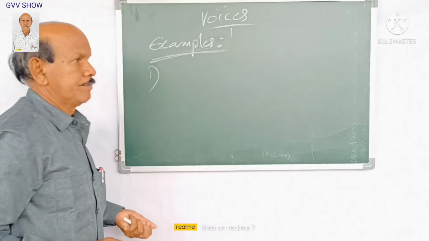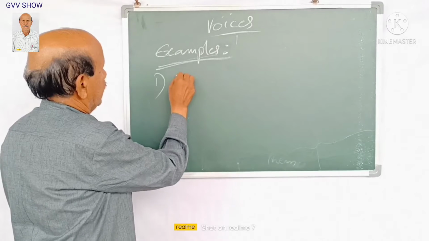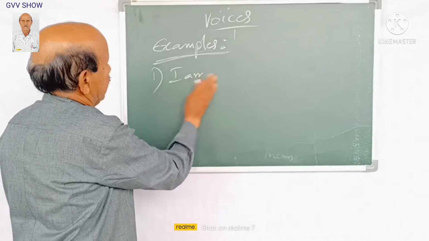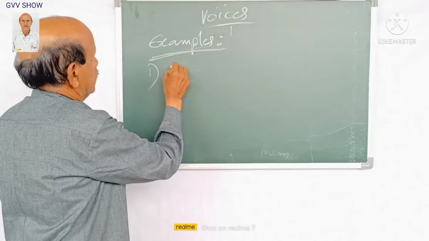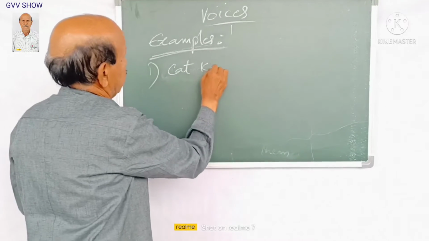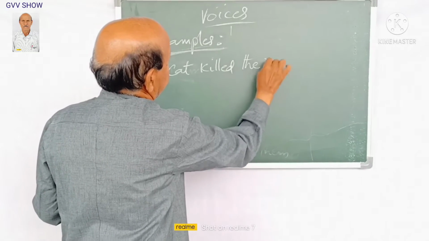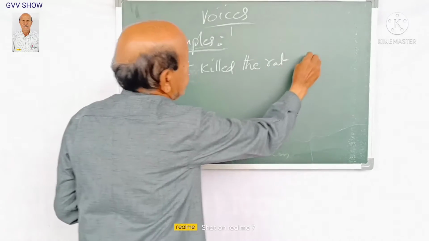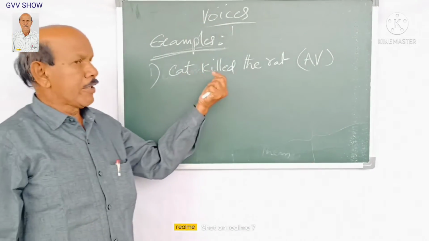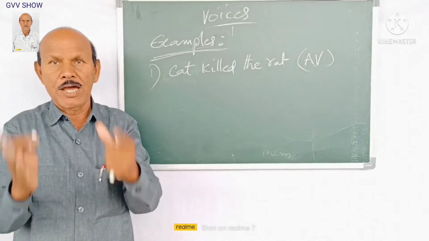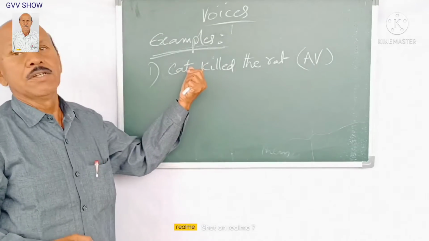Number one, this is active voice: Cat killed the rat. Why are we calling it active? The sentence is live. This is an active word, an active sentence. That's why we call it an active voice sentence.